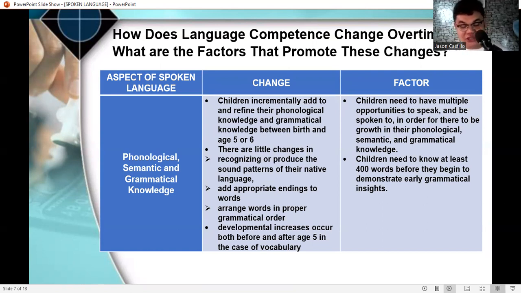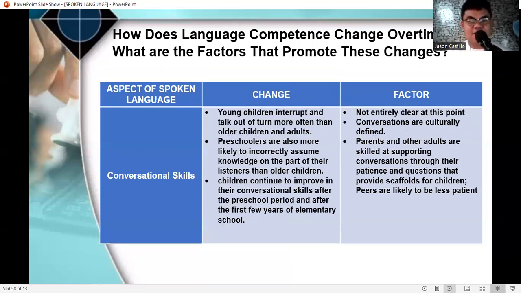So that is the first aspect, phonological, semantic, and grammatical knowledge. Let's move forward to the second aspect, which is conversational skill. How does conversational skill change over time, and what are the factors of these changes?